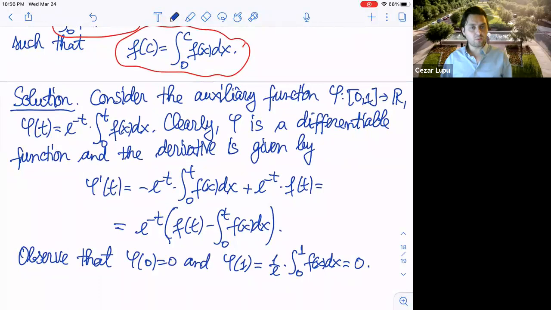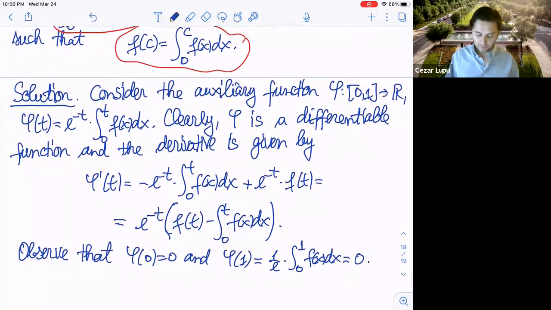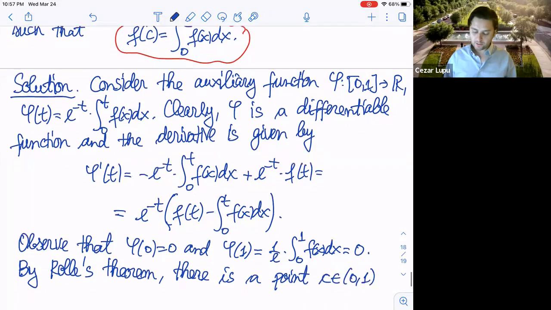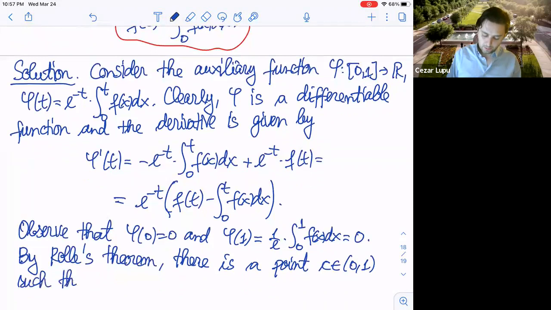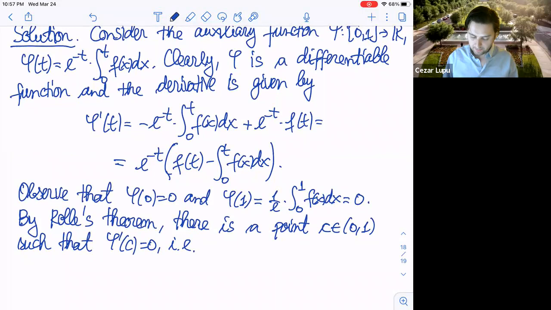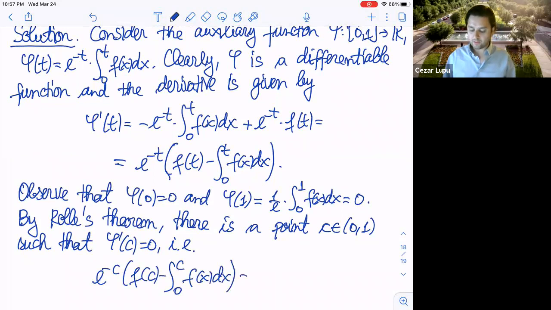So at this point, we're in a great position to apply Rolle's theorem. So by Rolle's theorem, there is a point, let's say c in 0, 1, such that phi prime of c is 0, or equivalently, e to the negative c times f of c minus the integral from 0 to c of f of x dx is 0.